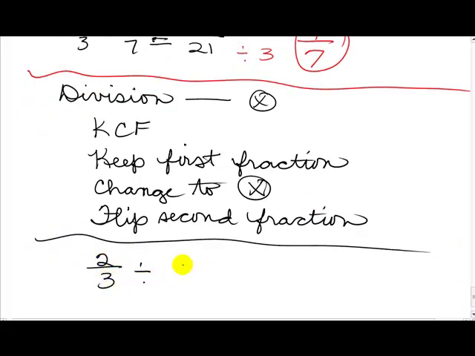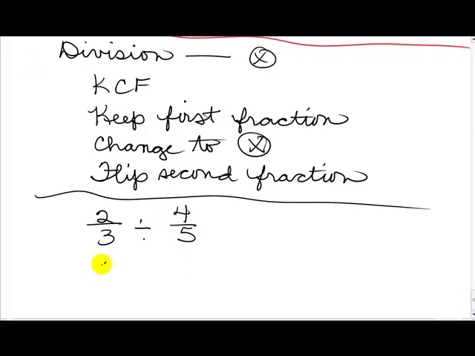Two-thirds, let's say, divided by 4/5. Keep the first, change it to multiplication, reciprocal of 4/5, 5/4. I'm going to cross cancel. 2 divided by 2, 4 divided by 2. 3 and 5 are prime.